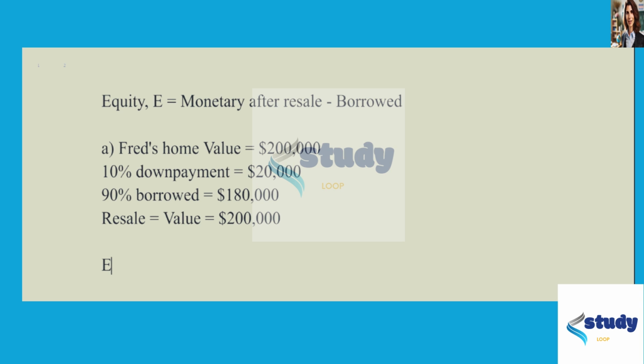Now the equity, therefore, will become the monetary value after resale, which is $200,000, minus whatever was borrowed. So he had borrowed $180,000 from the bank. So effectively, his owner's equity or equity in his home is $20,000.